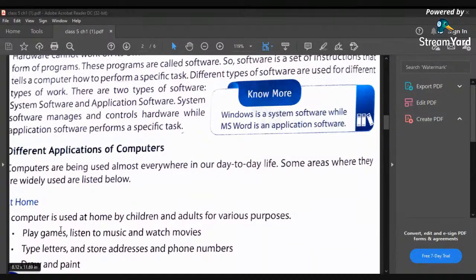Computers are used at home by children and adults for various purposes. We can play games, listen to music, and watch movies with the help of computers.